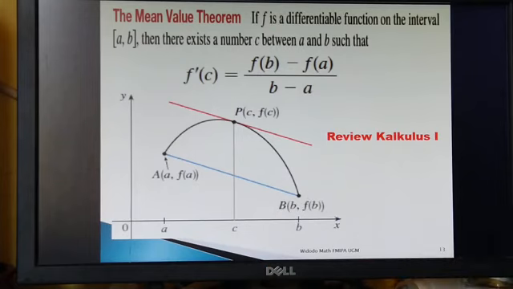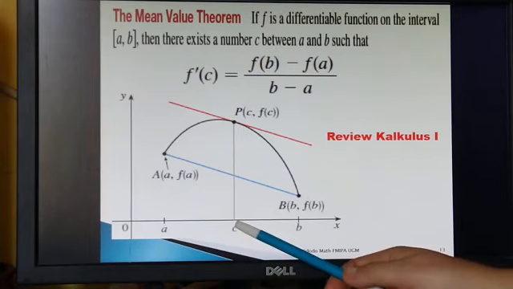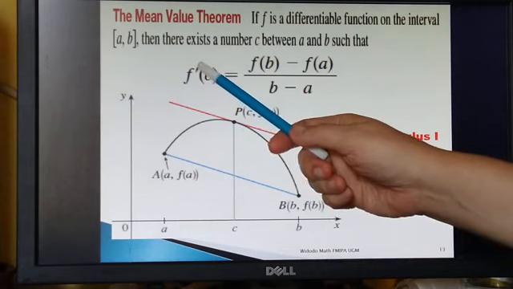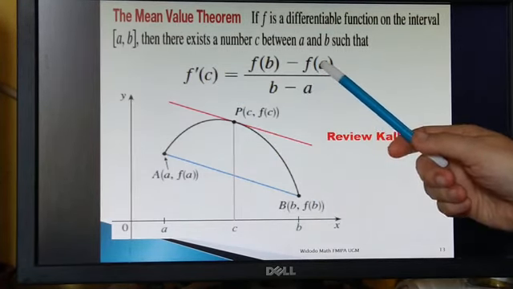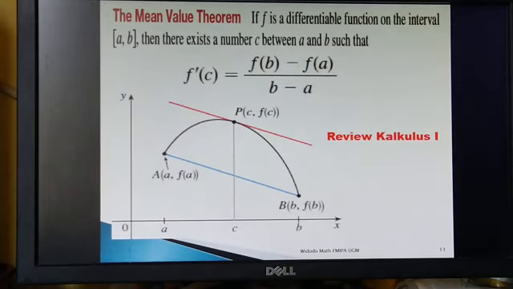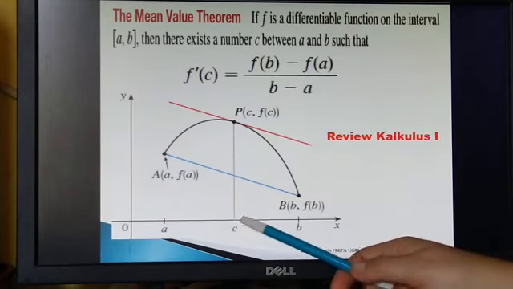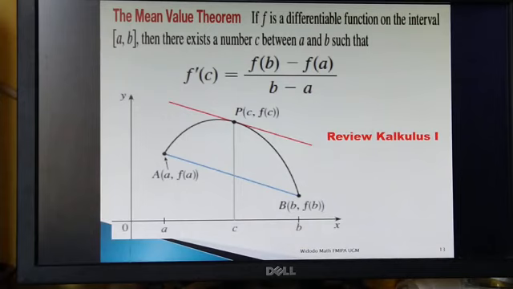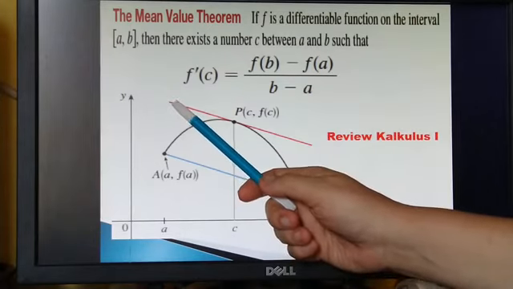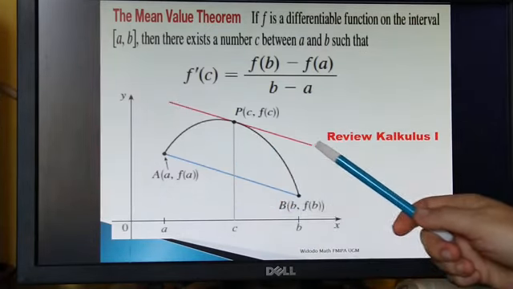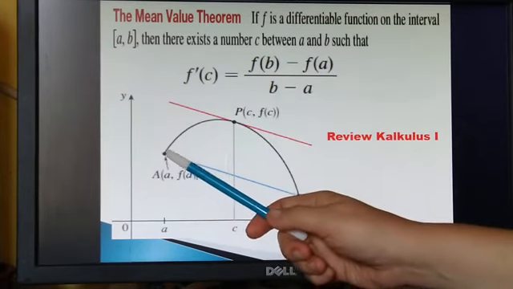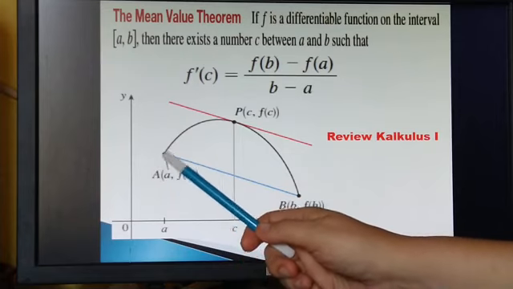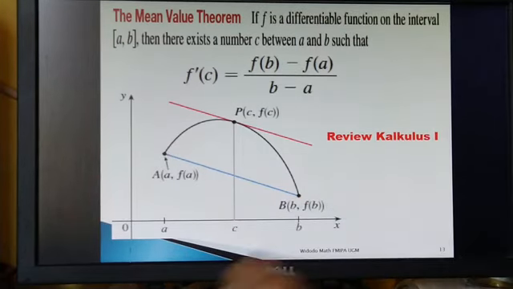Then there exists a c here such that f prime of c is equal to the ratio between f(b) minus f(a) divided by b minus a. That means there exists a point c such that the gradient of the slope, the red one, is equal to the gradient of the line AB. We want to use this to prove our formula.